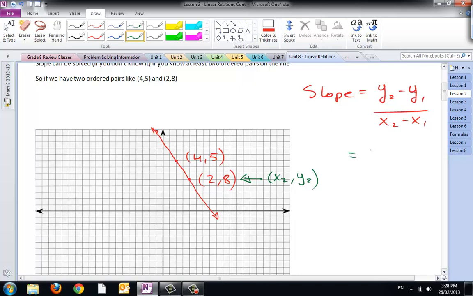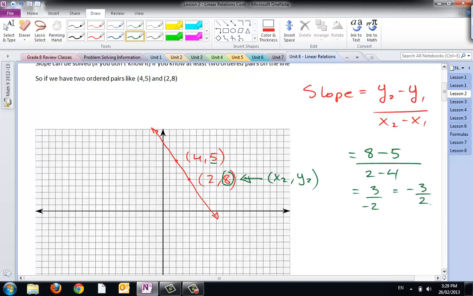So that gives me y2, so that's my 8. So that's 8 minus 5, that's the y1, or the y value from the other ordered pair, over 2 minus 4, and that gives me 3 over negative 2, which is equal to negative 3 halves.